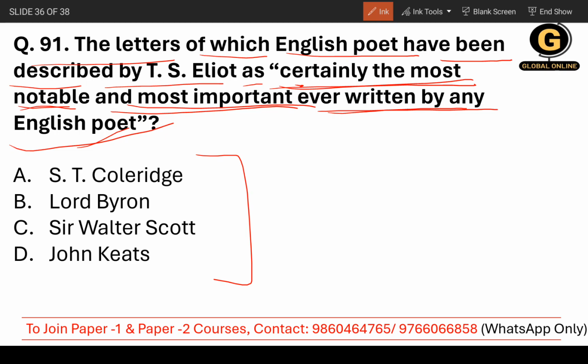You can read the options: S.T. Coleridge, Lord Byron, Sir Walter Scott, and John Keats. Think about it. Who is the one? John Keats is the one. So option D is the correct answer.